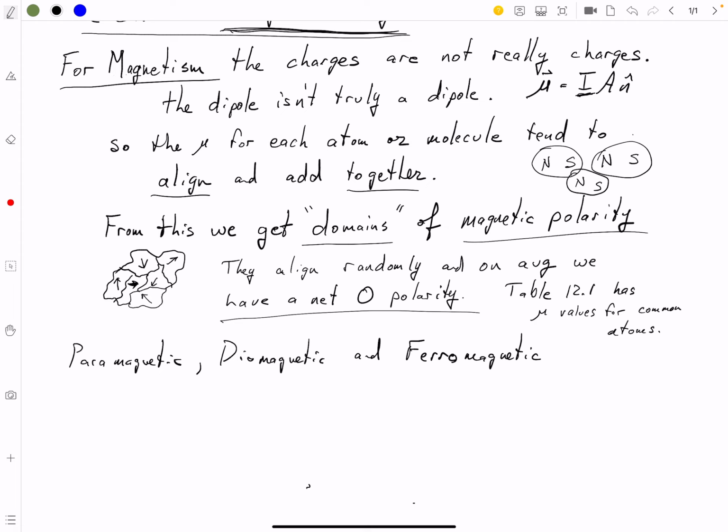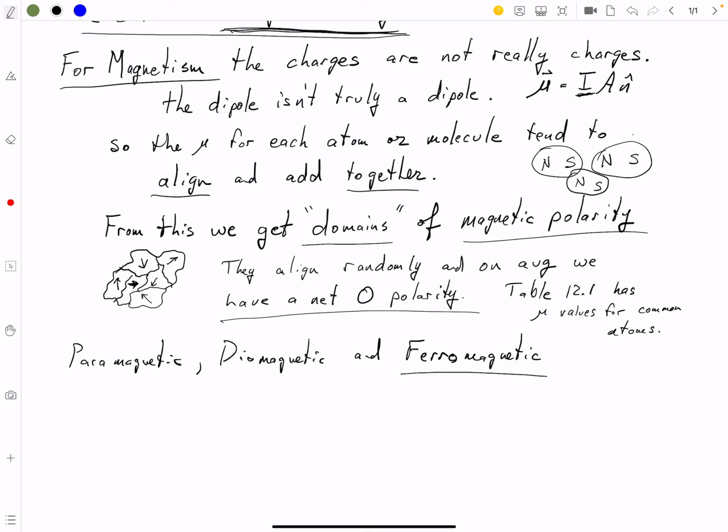Okay, so those are the three types, and some of them will be able to be charged up and actually have very large domains, and we could apply a uniform field to the whole thing and get all of those domains to go in the same direction.